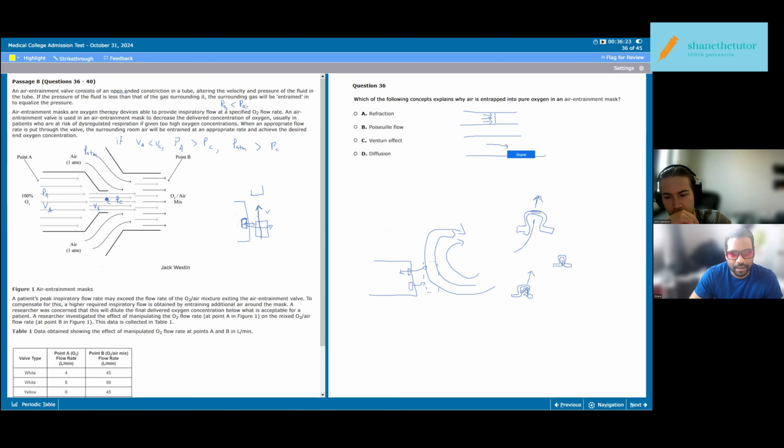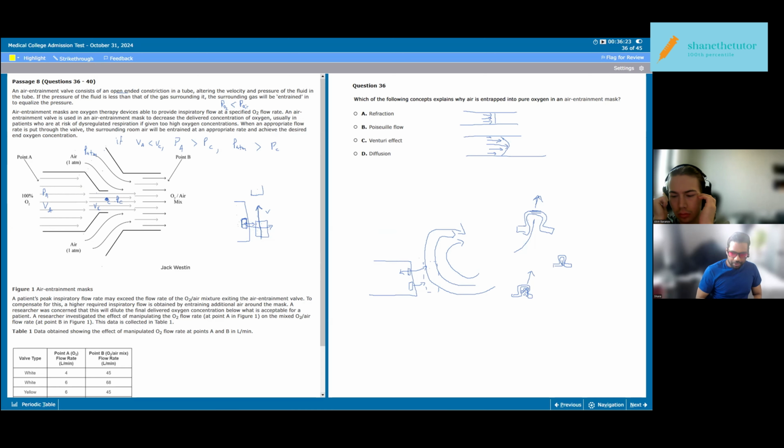But if they're bowed like this, that's Poiseuille flow, because the fluid that's closer to the walls of the container has friction against those walls. And so it gives you that bowed shape rather than a flat shape. So that's Poiseuille flow.